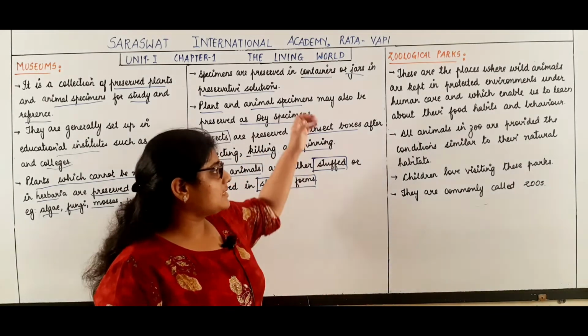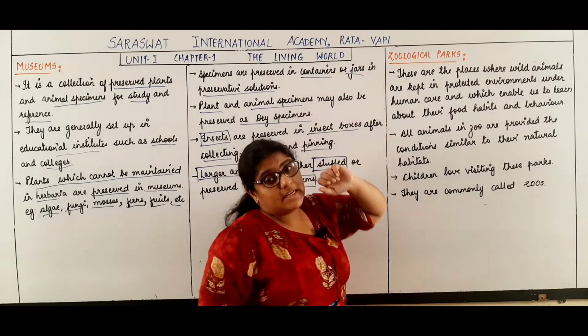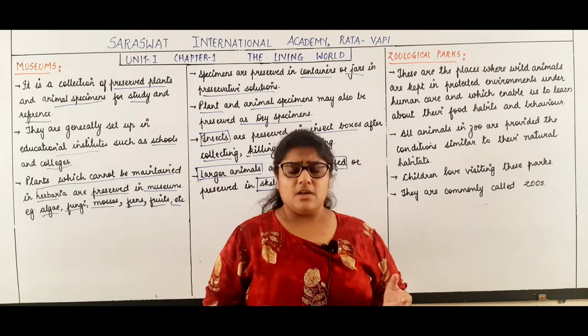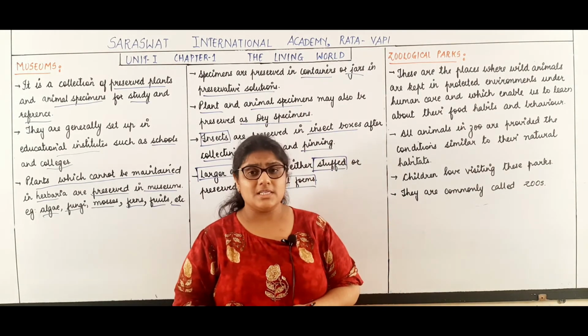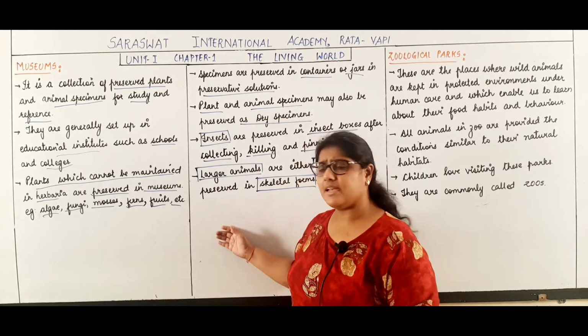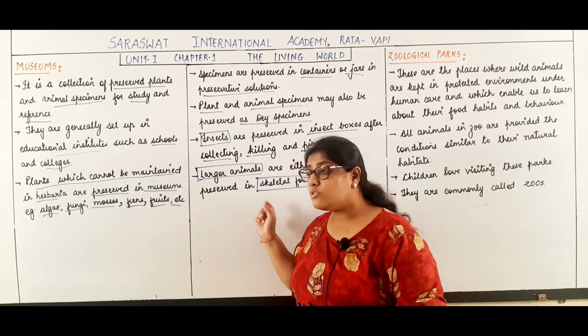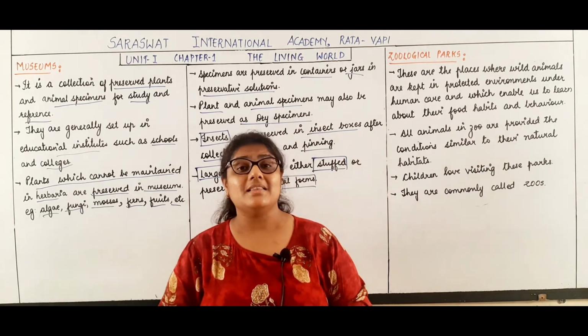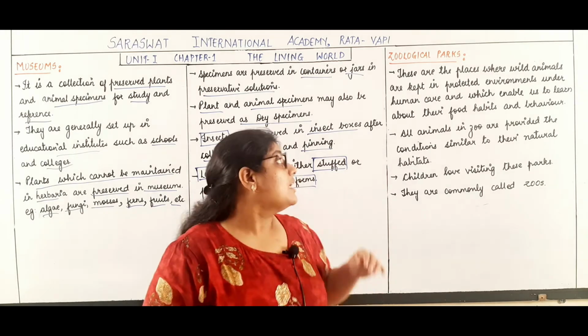Now students, the next taxonomical aid is zoological parks, which are commonly called as zoo. Now students, I told you that in museum also animals are maintained, but in museum the animals are maintained in the dead conditions. They are not maintained in the living conditions.